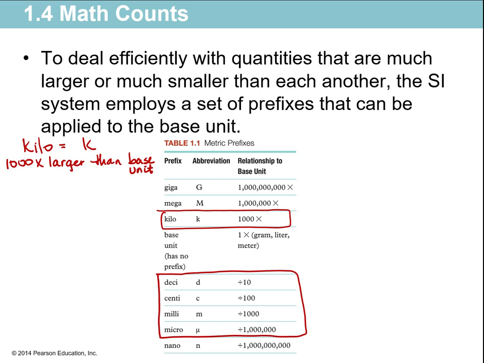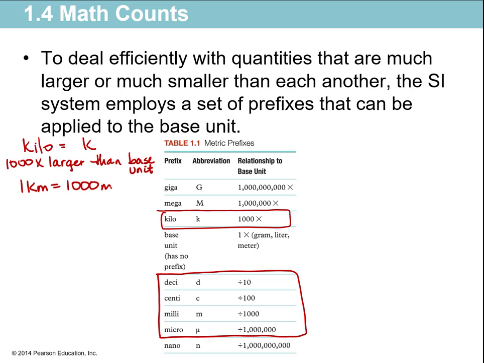So if I have 1 kilometer, that is going to be equal to 1,000 meters. So it takes 1,000 of these to make a kilometer, and a kilometer, just by length, is about 6/10 of a mile. So if you think 1,000 of these is just over a half a mile in length. So kilo is big. It's like measuring a mile compared to an inch. So kilo is a large measurement.